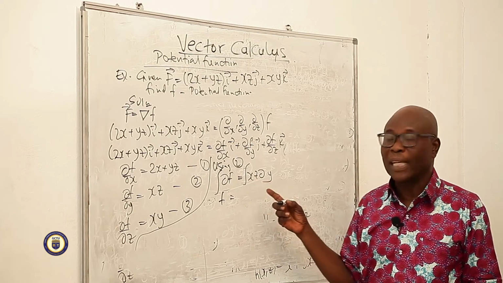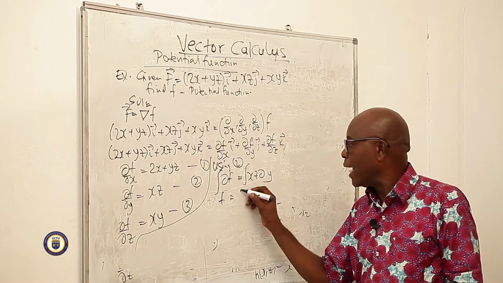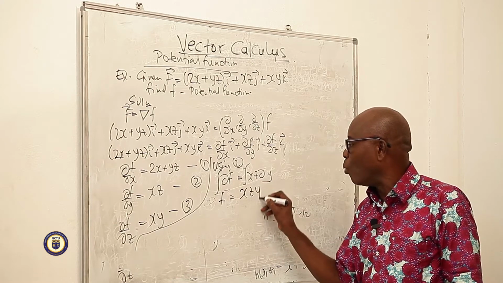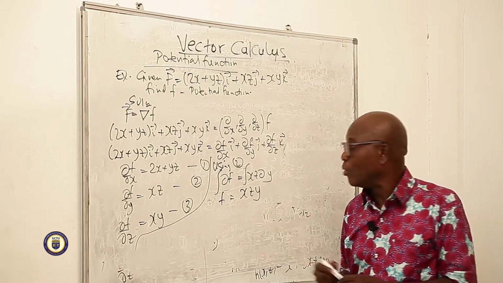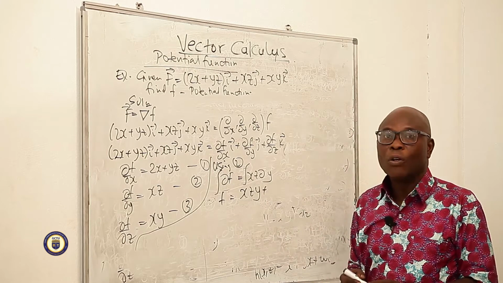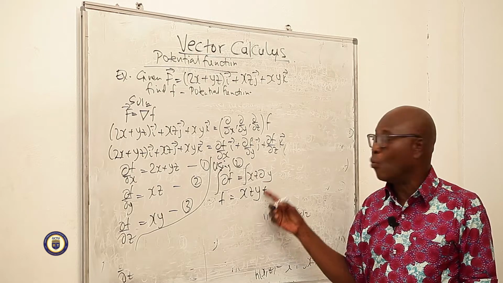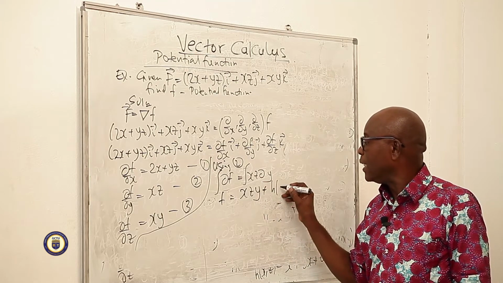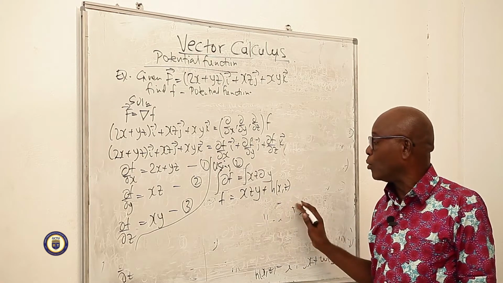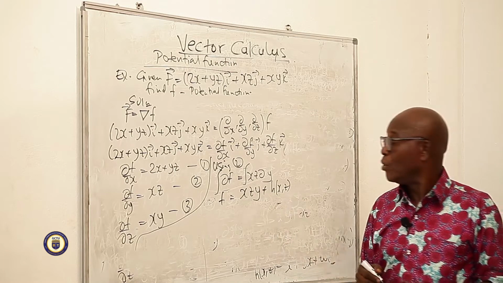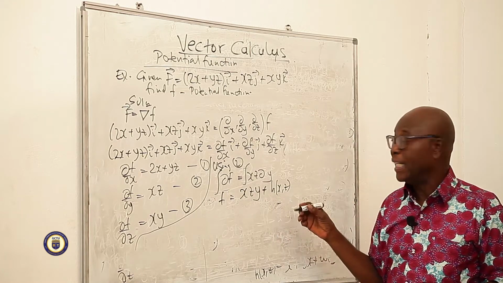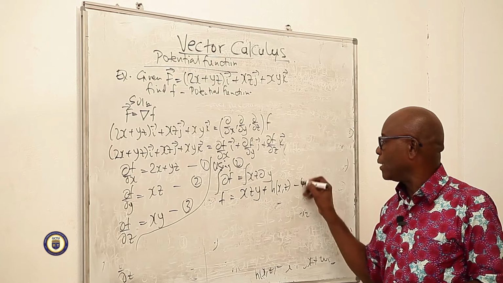Xz is a constant. So the answer will be xz times the variable y. After integration, we need to have the constant of integration. In this case, since we are integrating in y, all functions in x and z are constant. So our constant of integration will be a certain function in x and z. We can label it as 4.